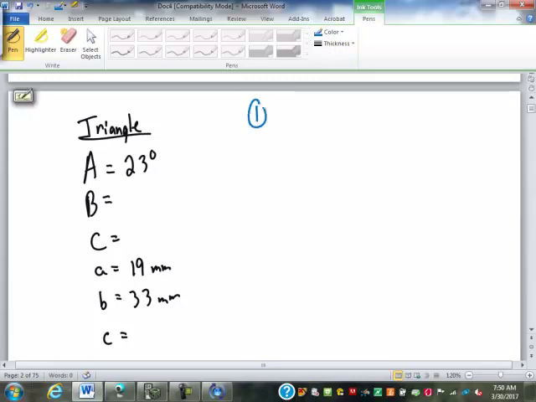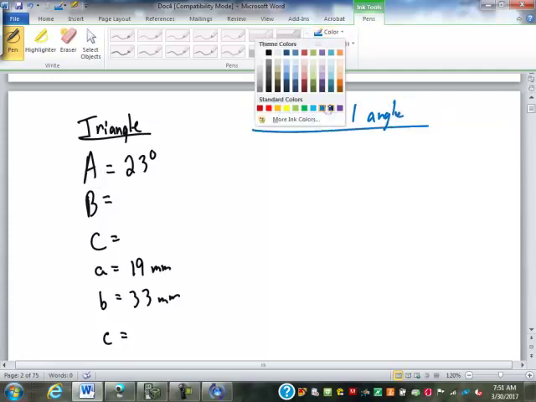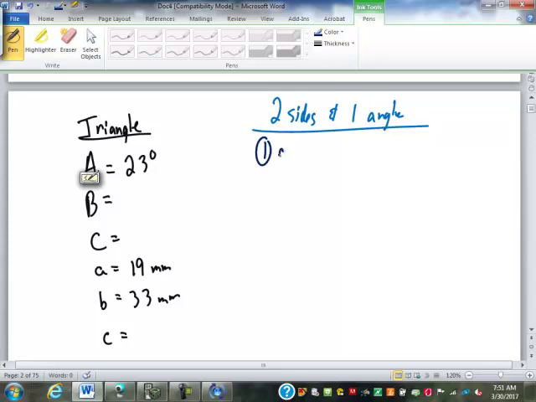Well, first remember we have two sides and one angle. Whenever we have two sides and one angle, the first thing we got to ask is, is the angle opposite a side? Yeah, angle A and side A, those are opposite. So that's true. That's a check mark.